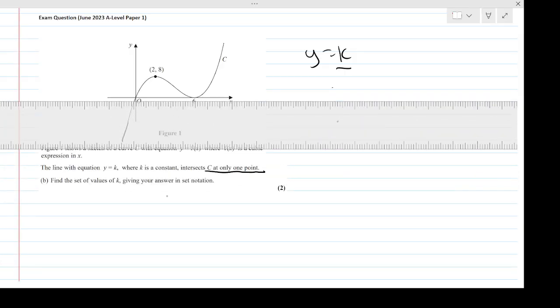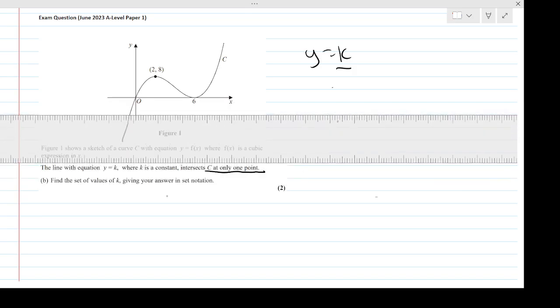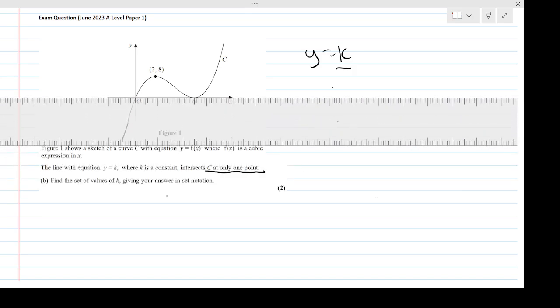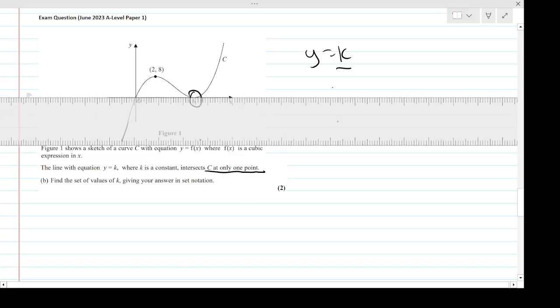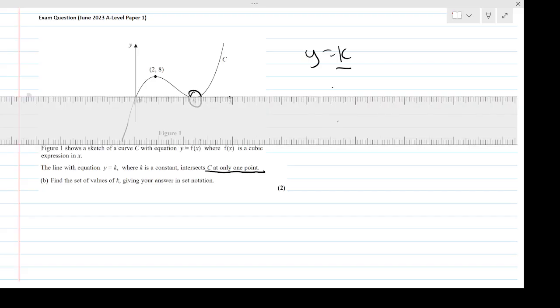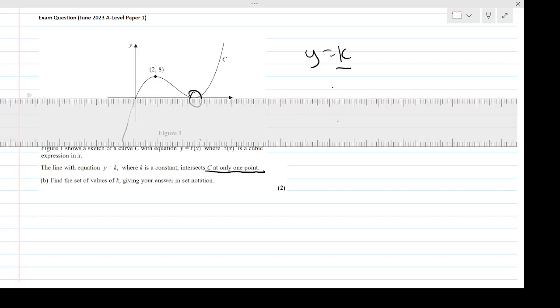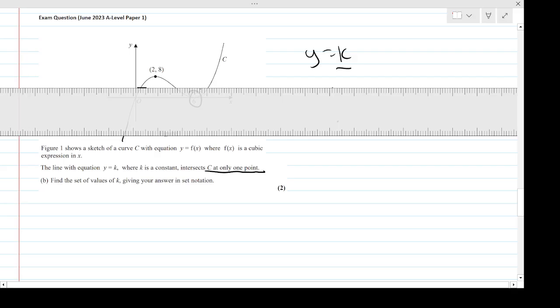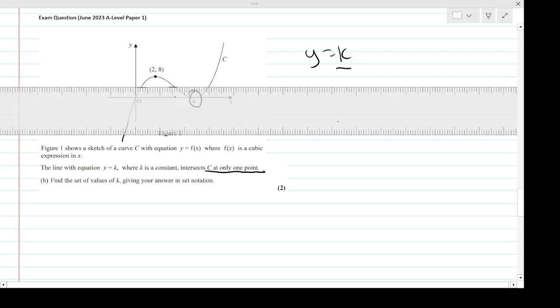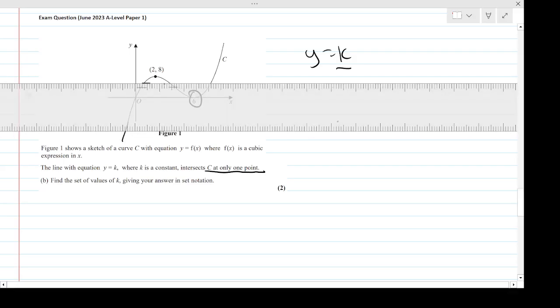Until when? If we keep going up, it's going to have one intersection until it reaches this point here at 6. Then it's going to have 2 points, okay? So then it becomes 2 intersections. If you keep moving up, it's going to have 2 intersections, like here and here, right? Keep going up again, it's going to have 2 intersections here and here again.